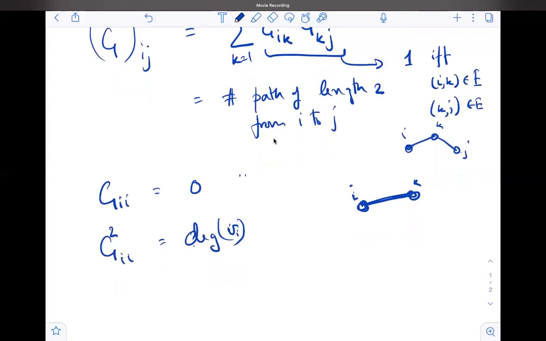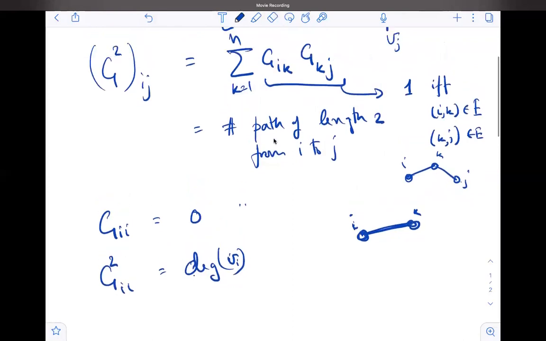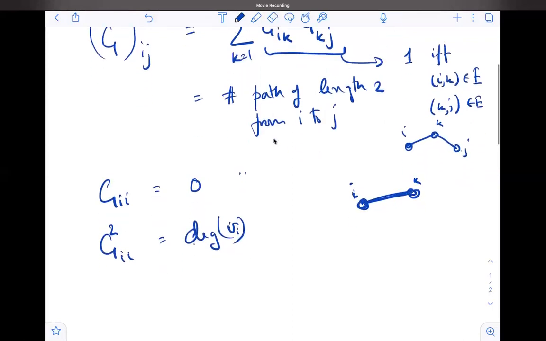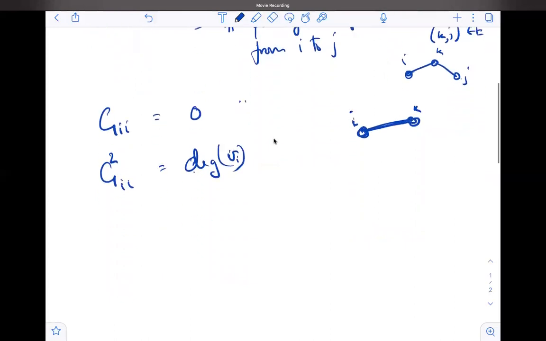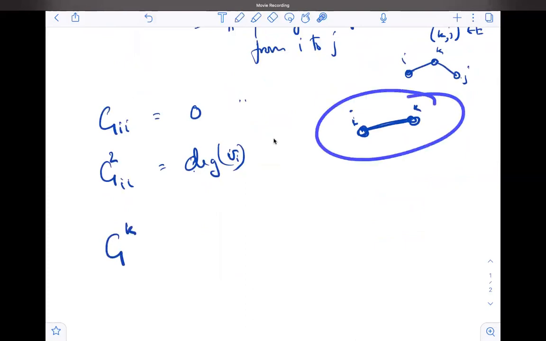Now of course I had asked questions like G cube and so on. Think in this direction. By that definition, note that this basically means you don't need to use different paths. It's a walk in some sense. It's not a path, it's a walk of length 2.